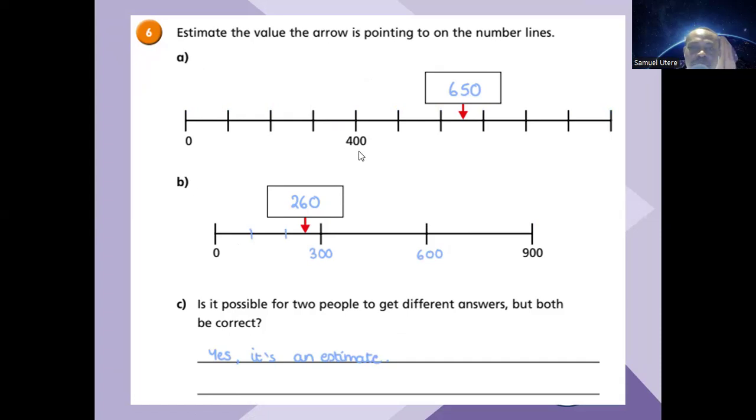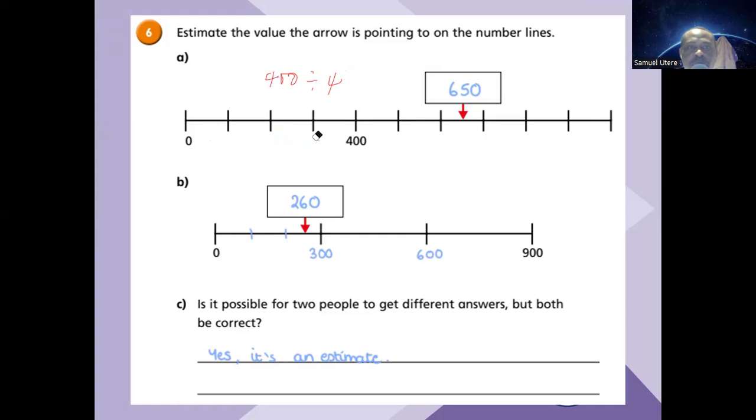So each interval is worth 100, because we can simply do 400 divided by 4, because we have 4 intervals between 0 and 400. So we know that the value is 100.